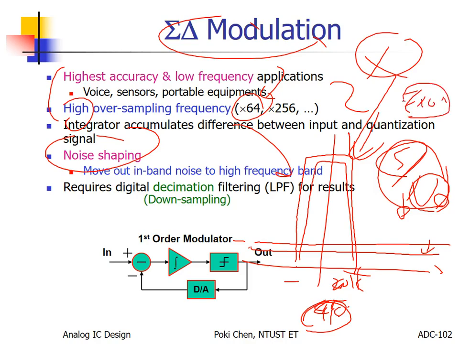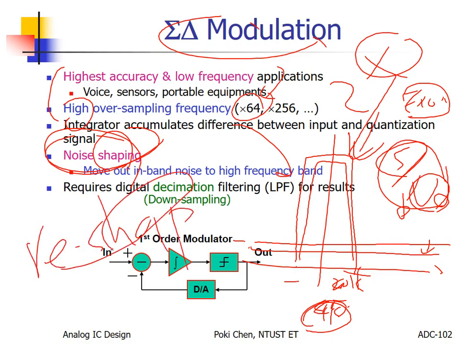But what is noise shaping? For noise shaping, the concept is totally different. The overall noise energy, especially quantization noise energy, is still the same, but we try to reshape it.